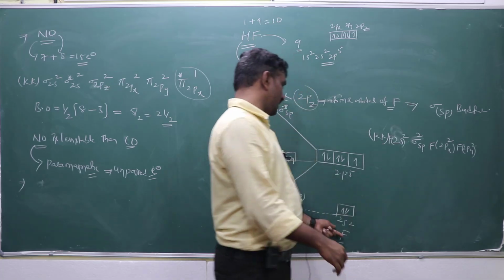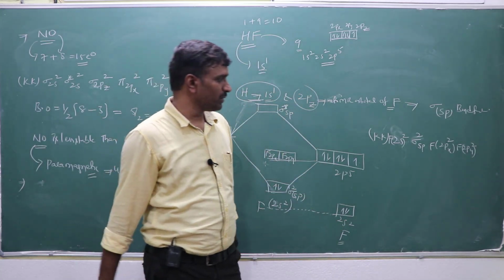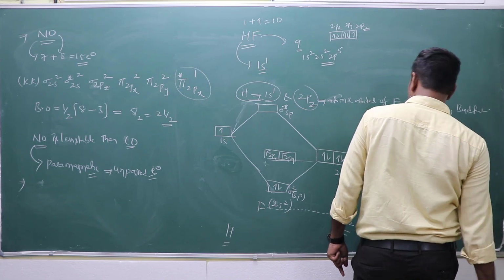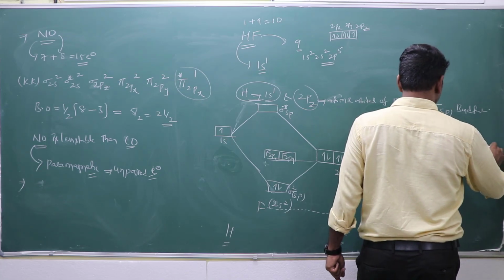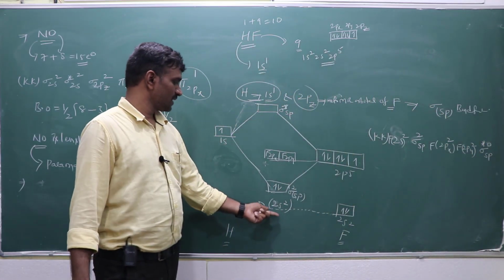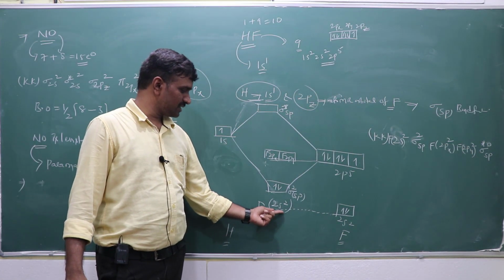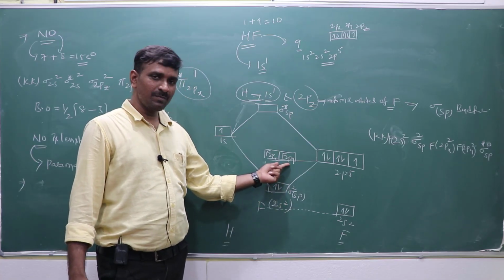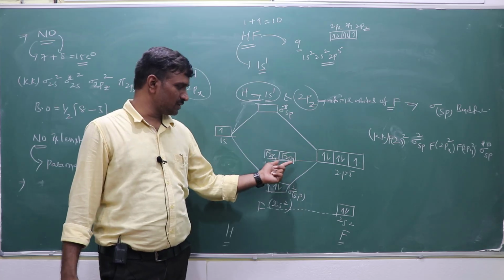So that means the fluorine atom has 2px2 and 2py2. Then sigma star sp0. Right, this one is the configuration: 2s2, sigma 2sp2, and this is unpaired, right? Sorry, this is lone paired.